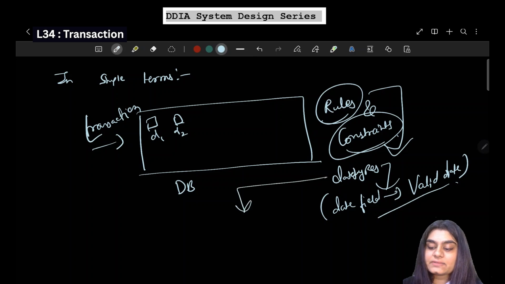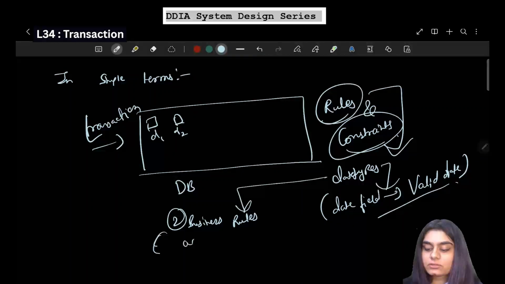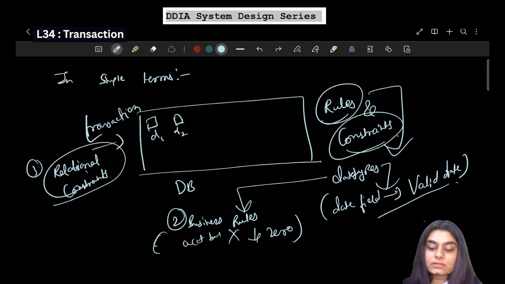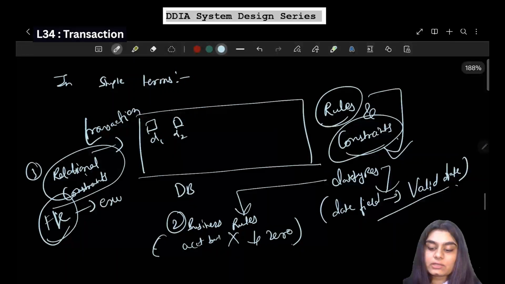Apart from data type, second is a business rule, such as the account balance must not go below 0. And another is relational constraints. That is, the foreign key must correctly reference existing records.